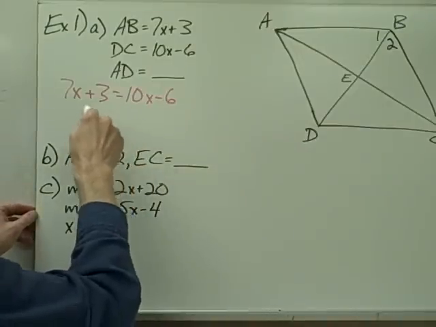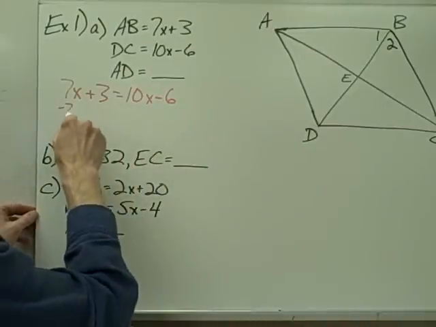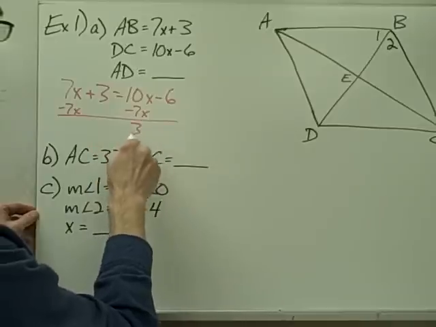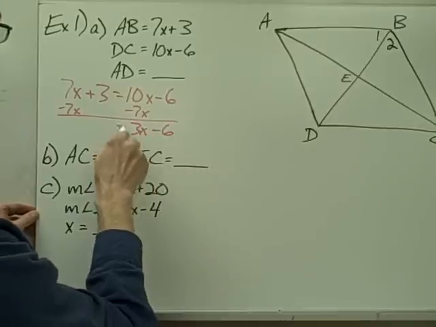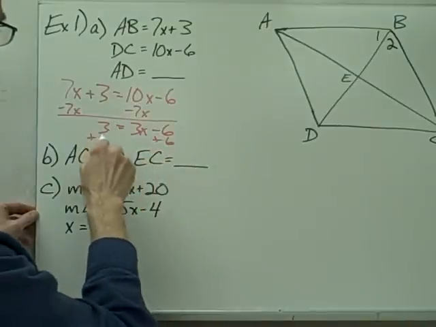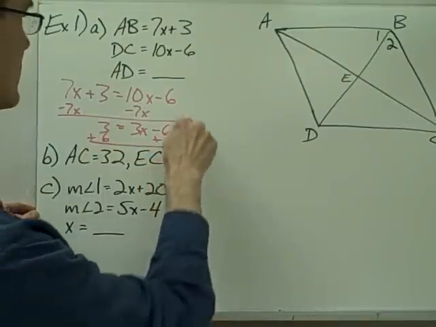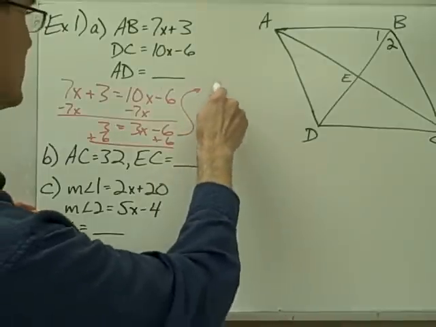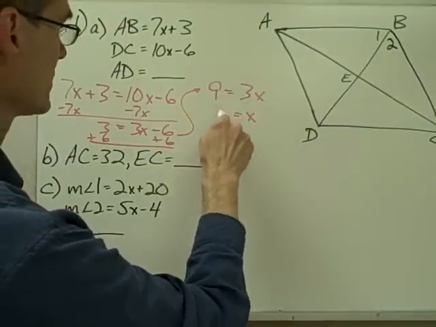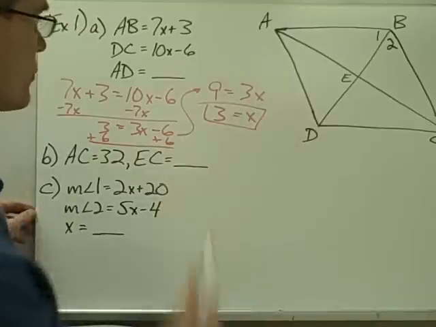If I subtract 7x from both sides, then I get 3 equals 3x minus 6. If I add 6 to both sides, then I get 9 equals 3x, which means x is equal to 3.